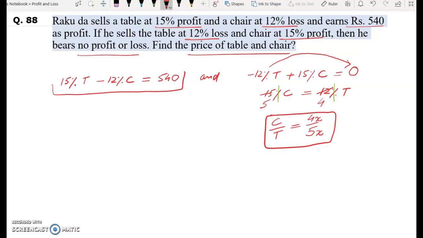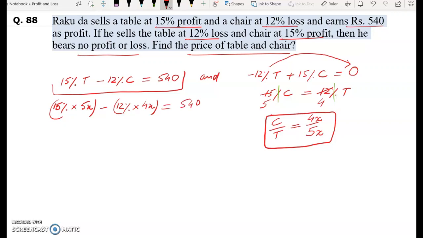So 15% of table. Table is how much? 5x. Minus 12% of chair. Chair is 4x. Is equal to 540.